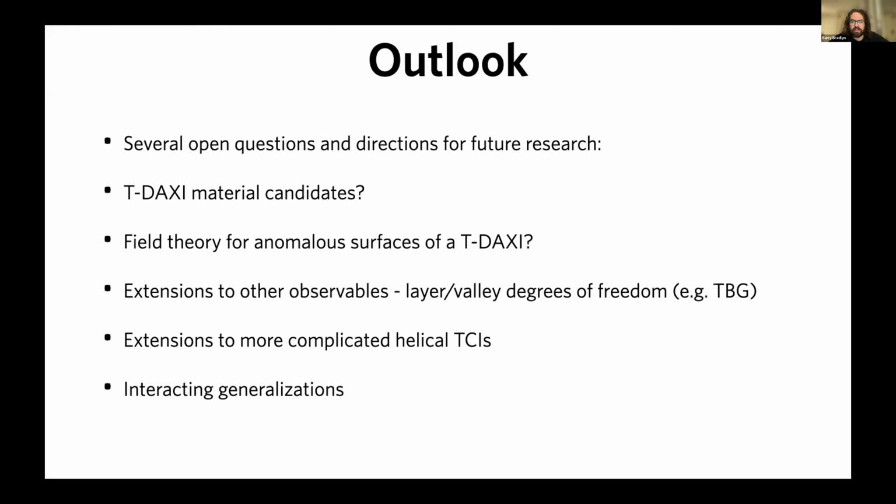We can extend this approach to any other observable that has 2 eigenvalues, +1 or -1, for instance, layer or valley degrees of freedom. We can look at more complicated helical topological crystalline insulators and also ask what anomalous features of these systems survive in the presence of interactions.